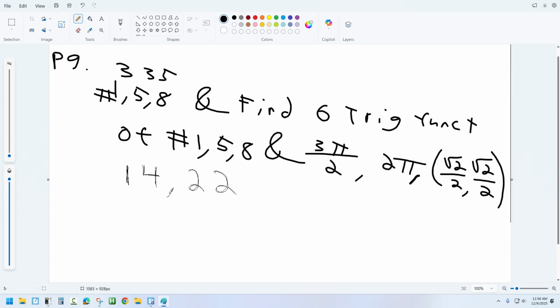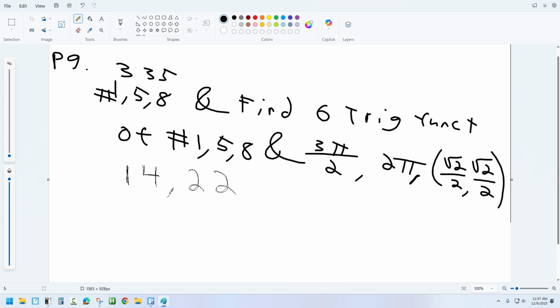So I want you to do 1, 5, and 8 in the book, whatever the directions they say. I think they just ask you to find the coordinate. And then I also want you to find the 6 trig functions of 1, 5, and 8. And the 6 trig functions of 3 pi over 2, 2 pi, and root 2 over 2.